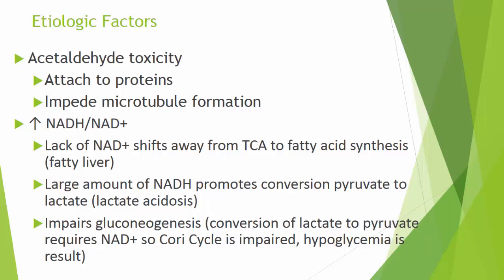So we know that the tricarboxylic acid cycle really requires lots of NAD to be able to continue forward. Well, when there's not a lot of NAD plus, there is a shift from the TCA cycle having acetyl-CoA go into it to acetyl-CoA being directed towards fatty acid synthesis, the making of a lot of fatty acids.